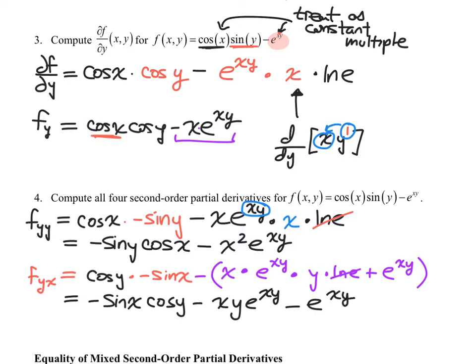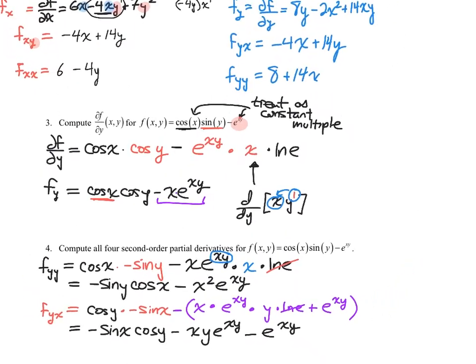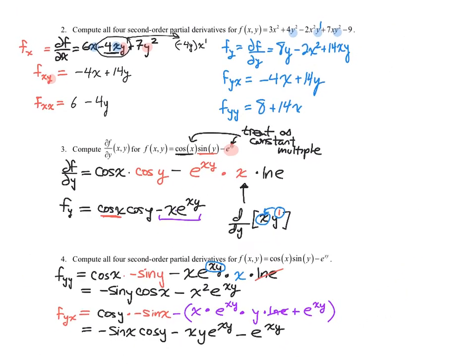Last class we went through all 4 of the second order partials, including the mixed ones, and we determined that f sub xy and f sub yx were the same exact thing. So if your function and their derivatives are continuous, then your mixed higher order partials will all be equivalent.